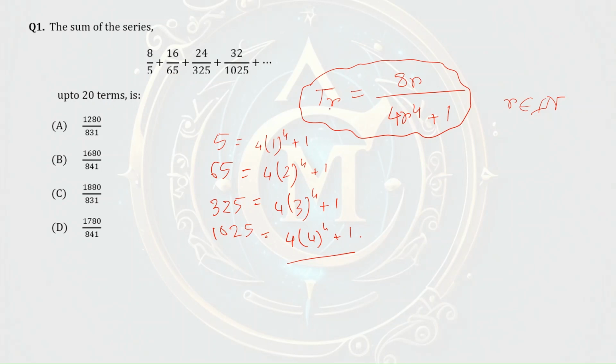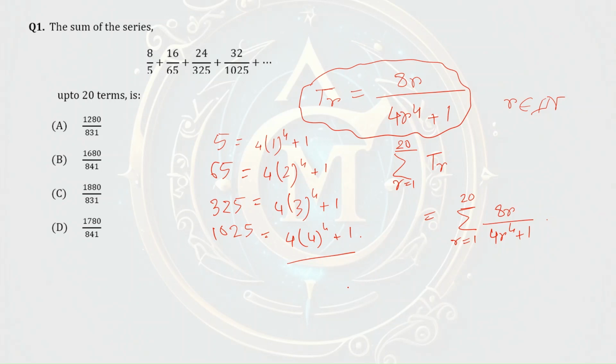So we have to find the summation of this series up to 20 terms. So this will be summation r equal to 1 to 20, then 8r divided by 4r to the power 4 plus 1.